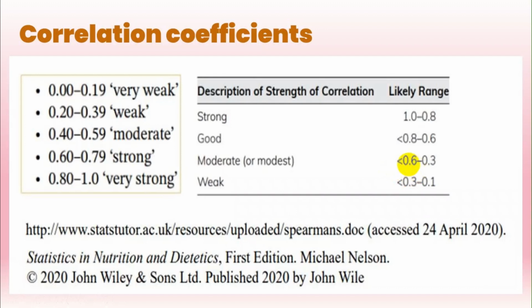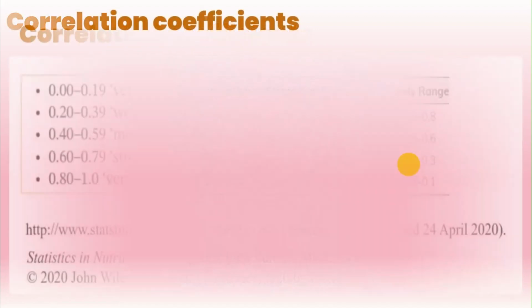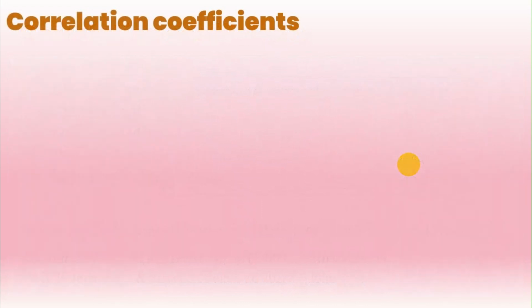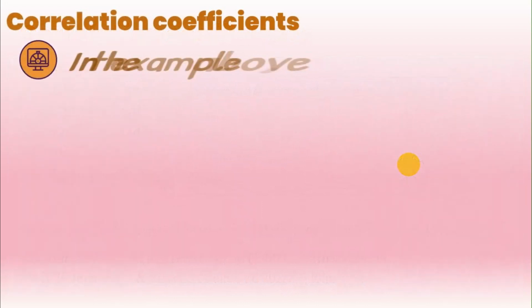If it is moderate or modest, it's from 0.3 to 0.6. Finally, if it's weak, it may be from 0.1 to 0.3. Yeah, you can see it.